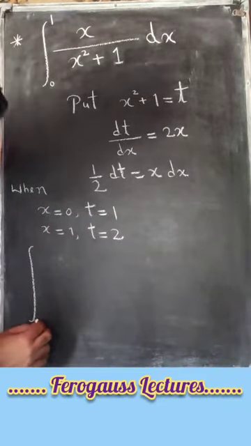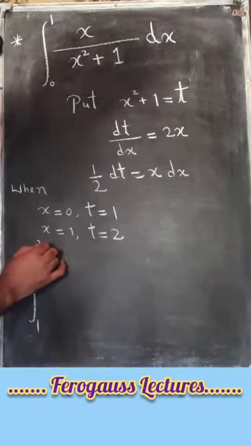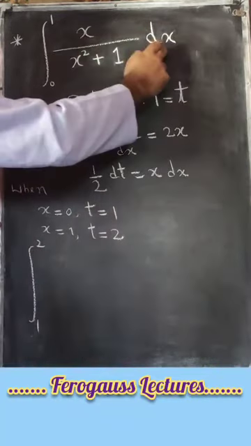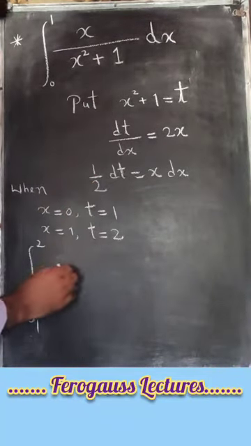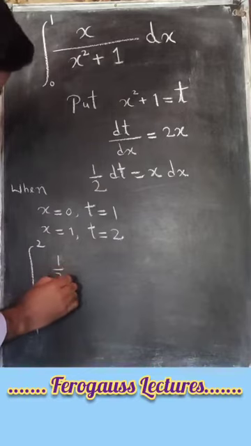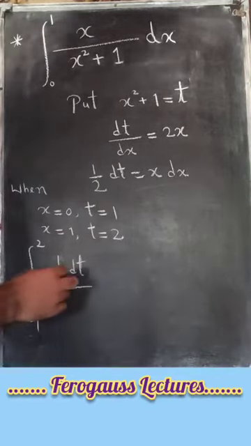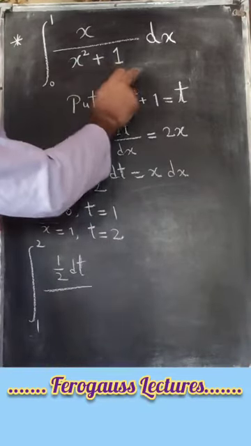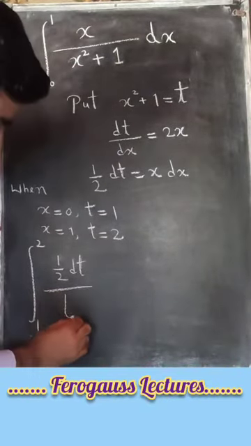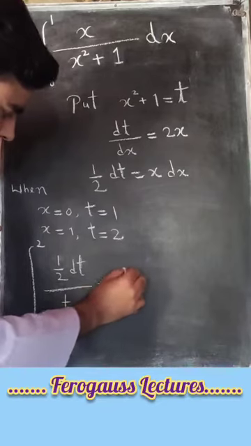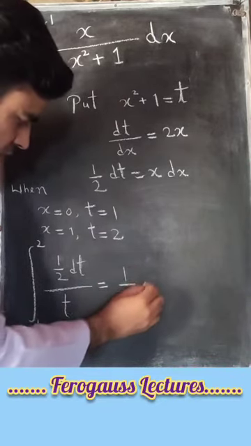So we can write the integral from 1 to 2. Now instead of x dx, we can write 1 by 2 dt, and instead of x square plus 1, we can write t. That is equal to 1 by 2, which is constant, so take it out.